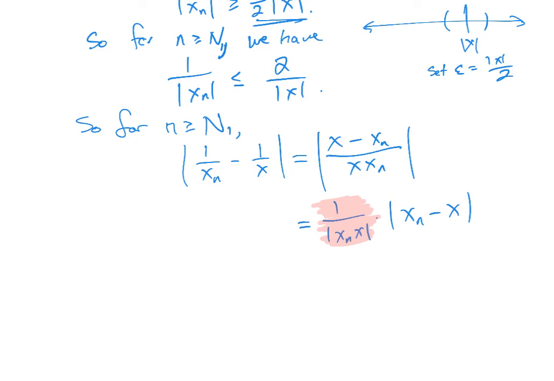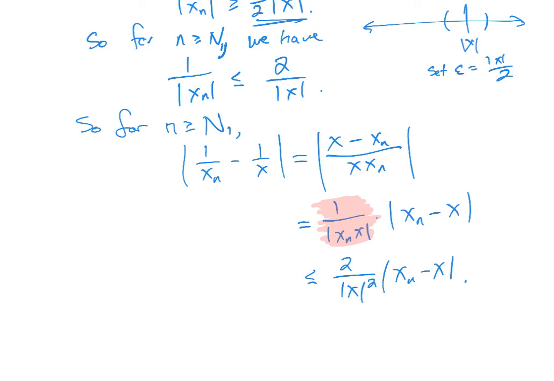And the xn part of this, the 1 over xn part, we've just bounded. Okay? So this is less than or equal to 2 over the absolute value of x, all squared, times xn minus x.